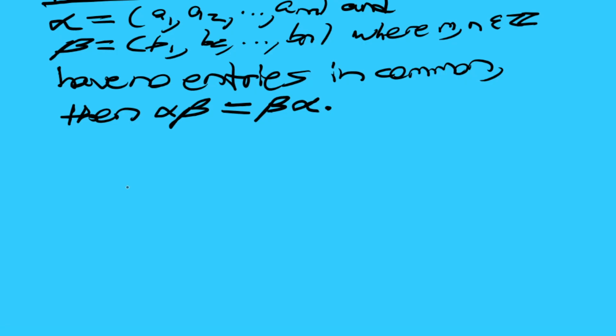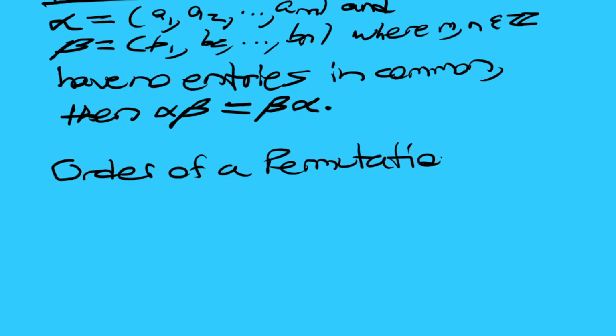Okay, so the next theorem we're going to look at is the order of a permutation. Let's try that again. There we go.